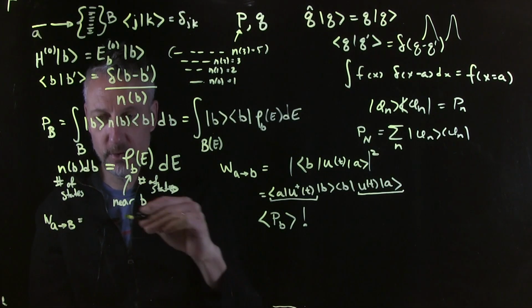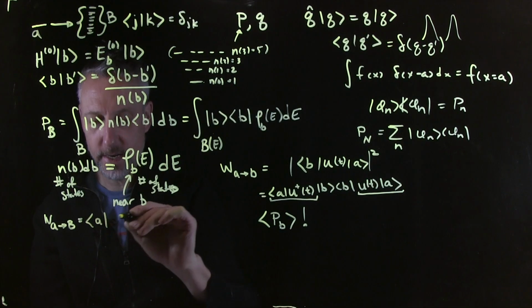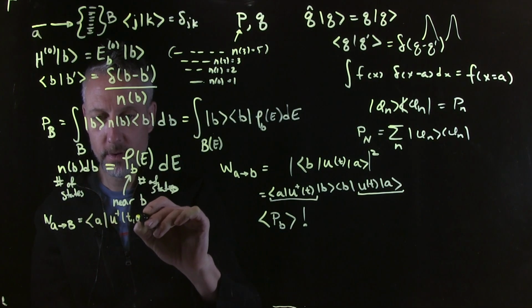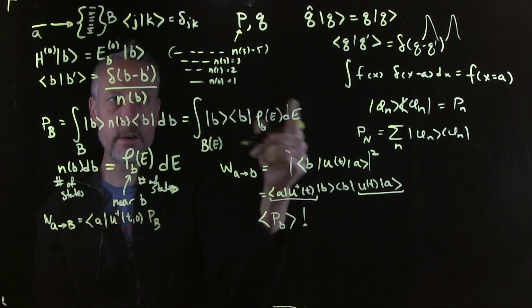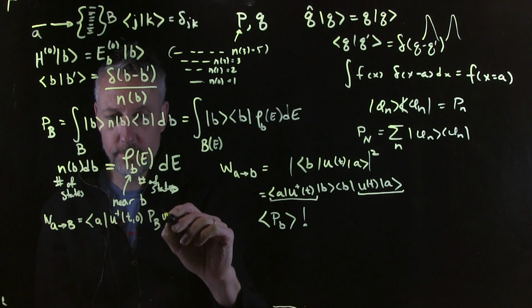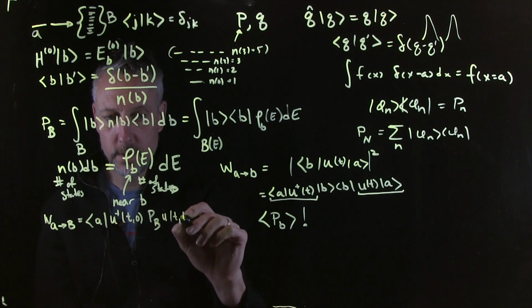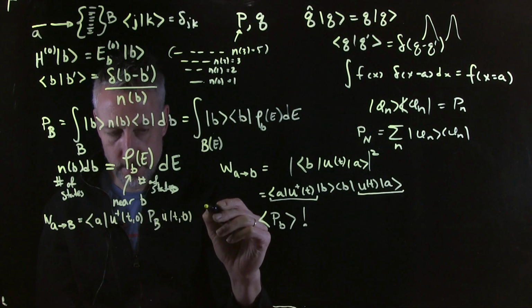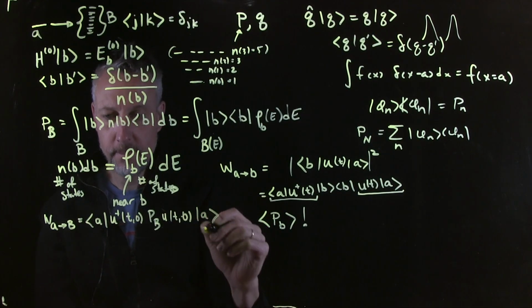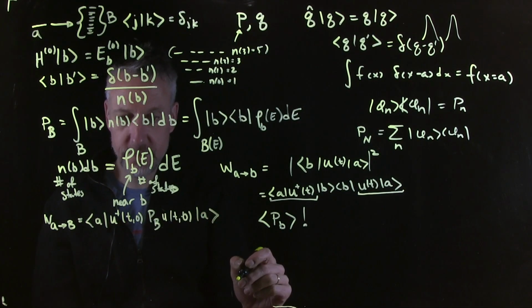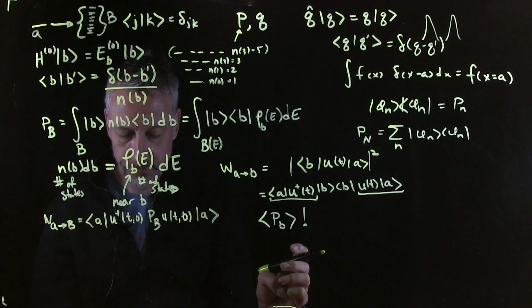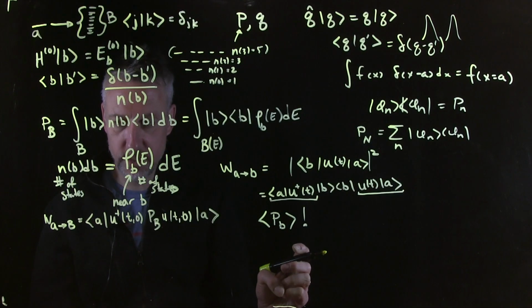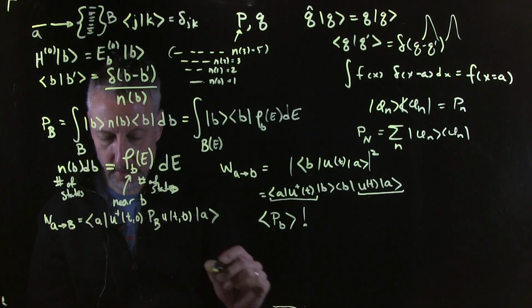And so that's going to be, like I just said, <A|U†(t, t0=0) P_B U(t, t0)|A>. It's this expectation value which is equal to this transition probability. Okay, so we can just substitute in and we're good to go.